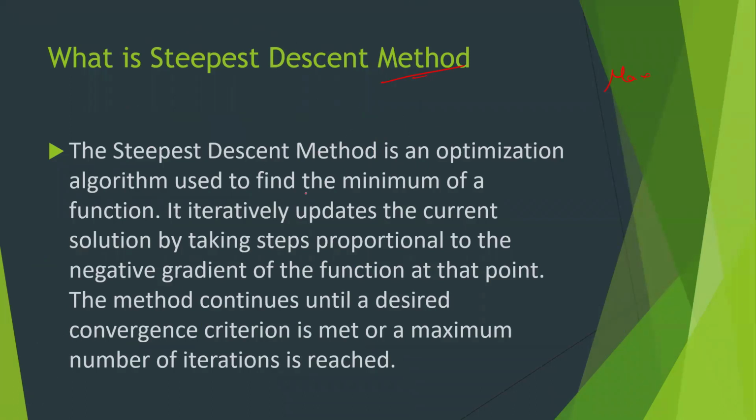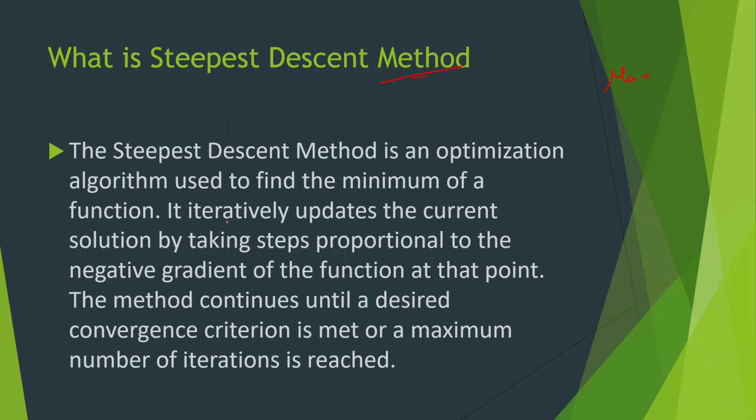Basically this method iteratively updates the current solution by taking steps proportional to the negative gradient of the function. So we have a number of iterations in the search direction, and we keep on iterating until we get the optimal solution.